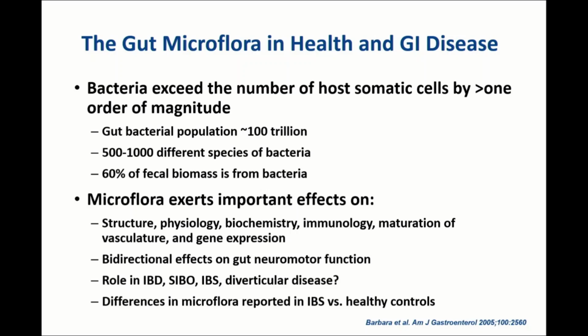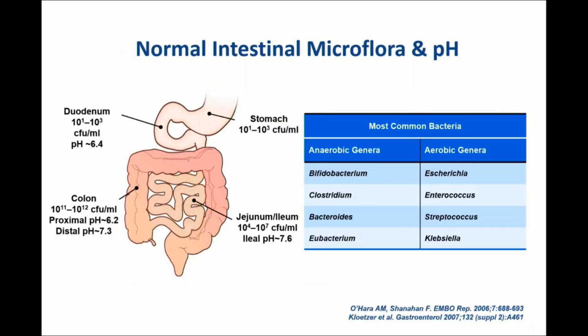And there are bidirectional effects on gut neuromotor function. There's also a role for these microbiota in IBD, SIBO, as well as IBS, and even diverticular disease. There are differences also in the microflora reported in IBS versus healthy controls.